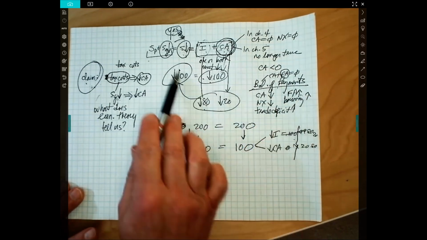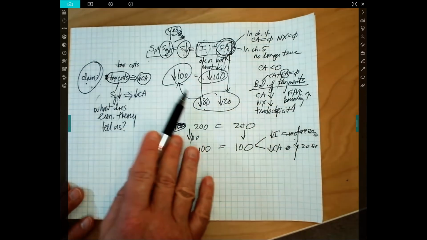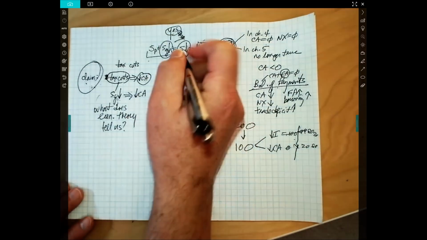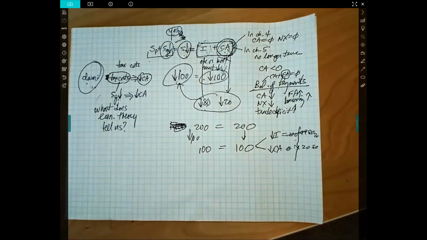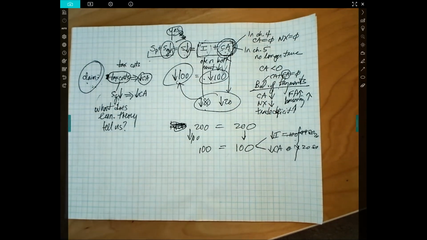So what actually is happening here? Why is that the case? The government, when it runs a bigger budget deficit, what does it do? It prints treasury bonds. It prints pieces of paper, with a $10,000 minimum denomination actually, and those are treasury bonds, probably 10, 20, 30-year treasury bonds.